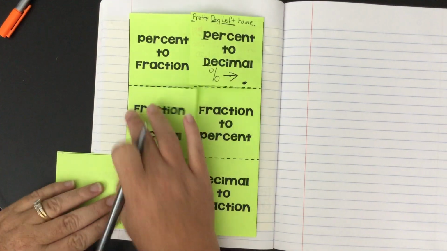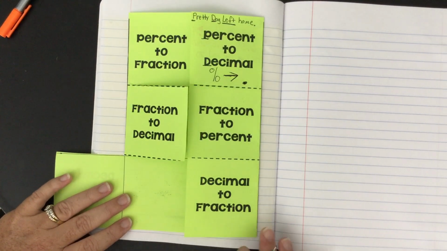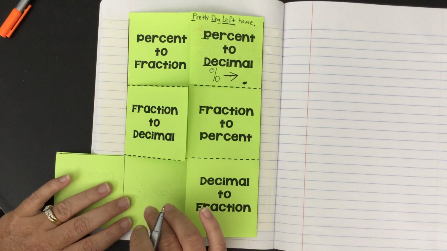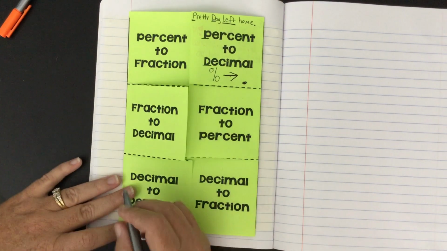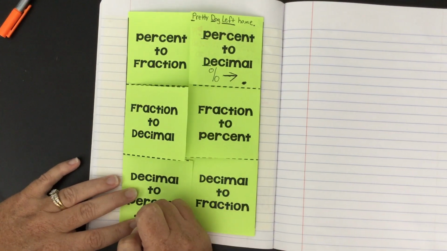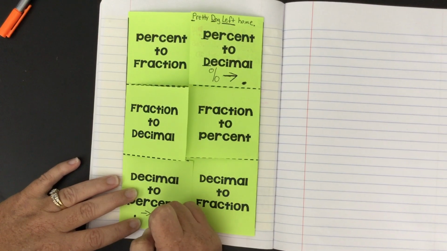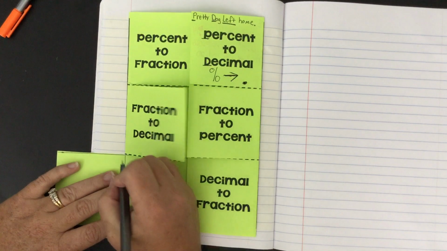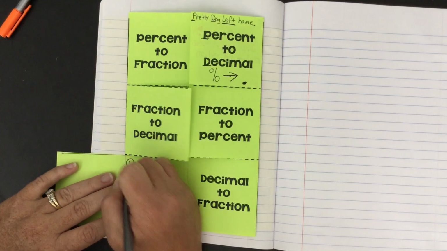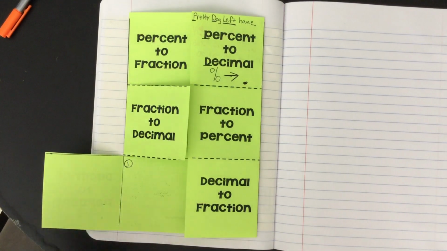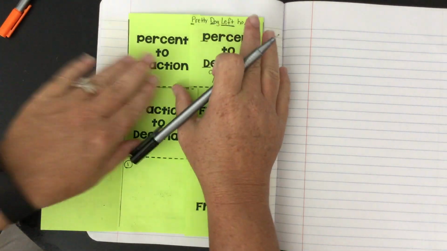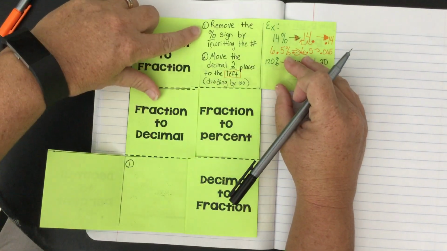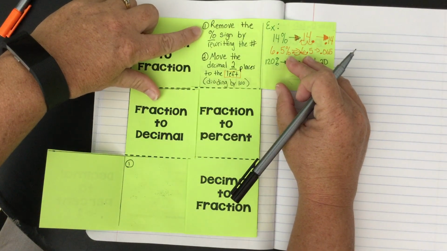So, decimal to percent. It's all the way down here at the bottom. The very first thing I'm going to do, I'm going to do the exact opposite of what I did here. I'm going to do everything opposite.